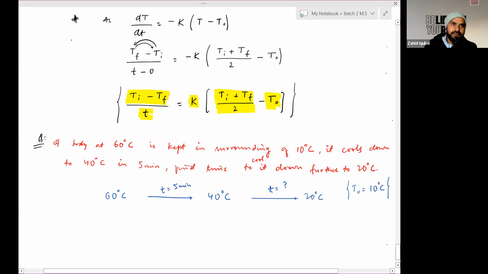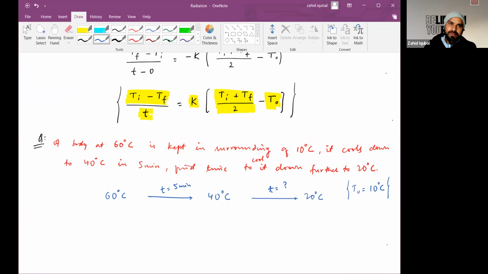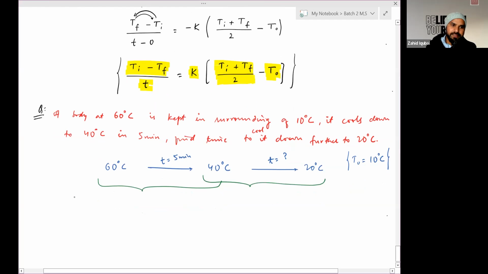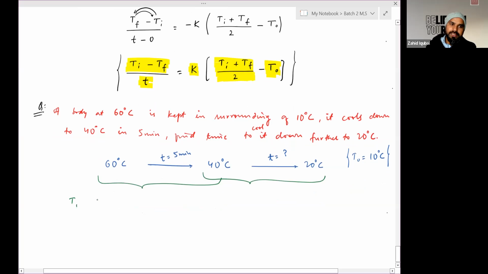So break this particular segment into two parts. First, from this point to this point, and then from this point to this point. For the first part, we have initial temperature 60 degrees Celsius, final temperature 40 degrees Celsius, and time taken is 5 minutes. So it will be 5 into 60, that is 300 seconds.